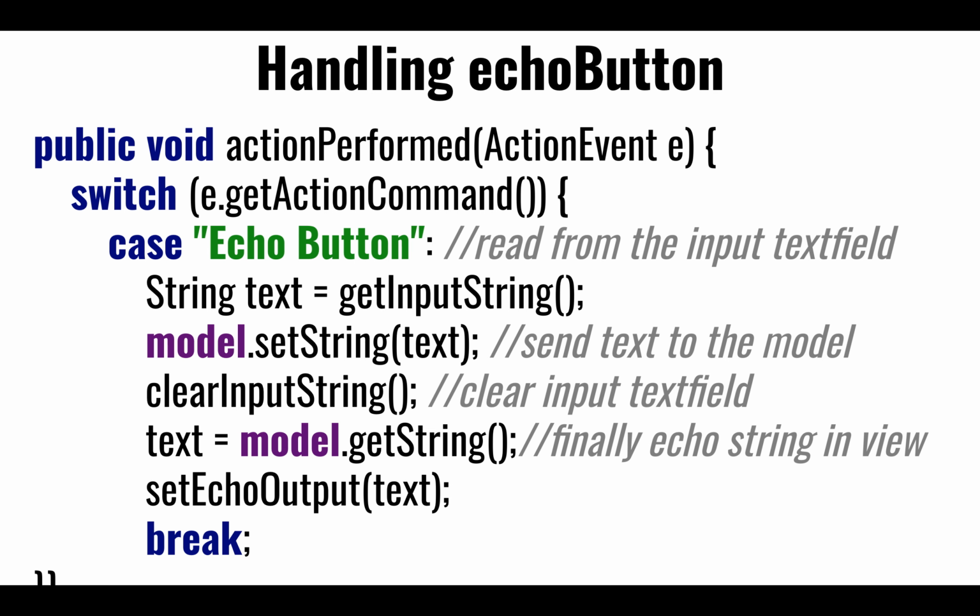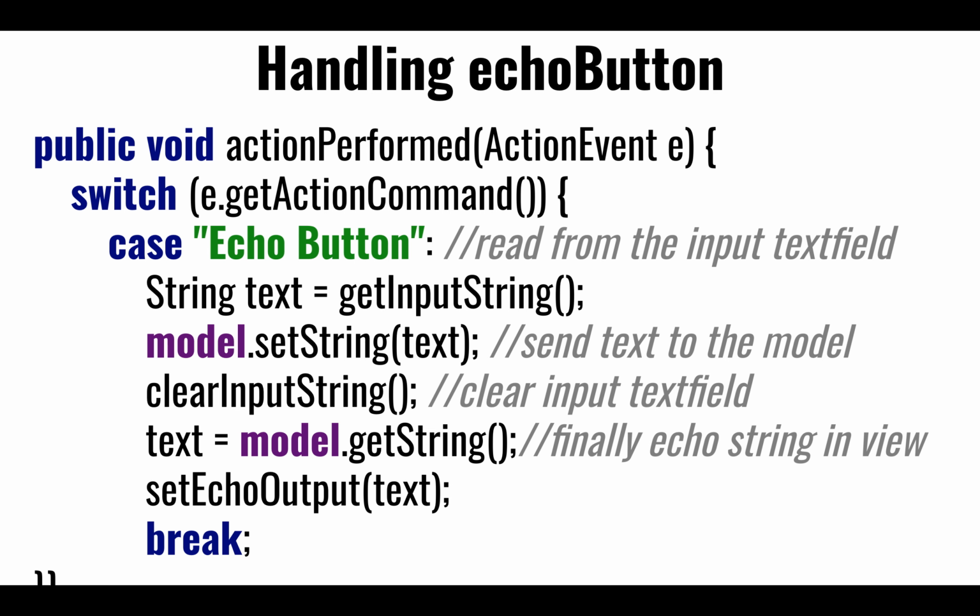Now, get input string, if you remember, was one of the methods in the IView interface. I think there was get input string, set input string, echo. Those three methods. So those are specific to the model. We're going to get the input string from the input field.